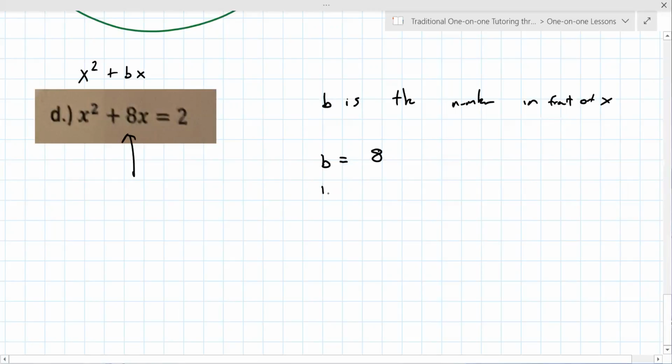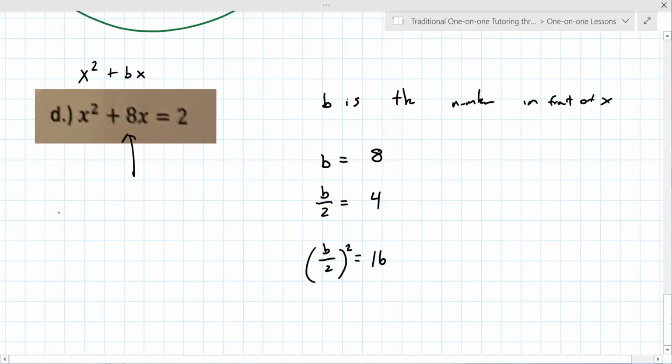All right, so the next thing you have to do is divide this number by 2. What is 8 divided by 2? 4. Okay. And then if you square it, what is 4 squared? 16.